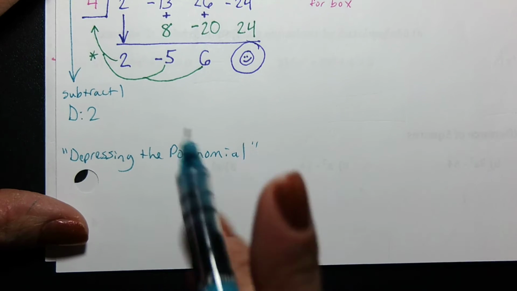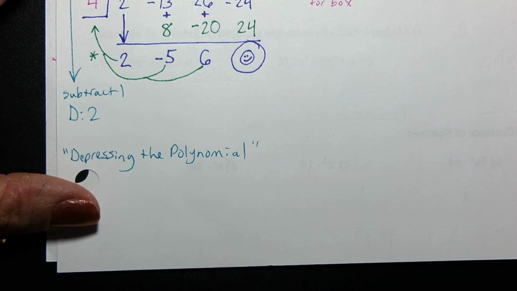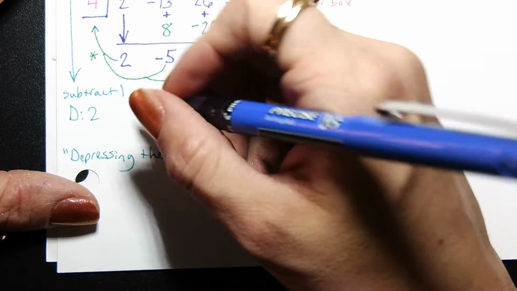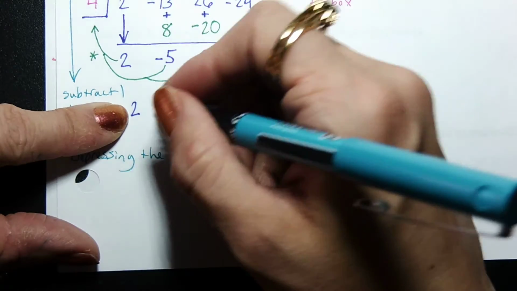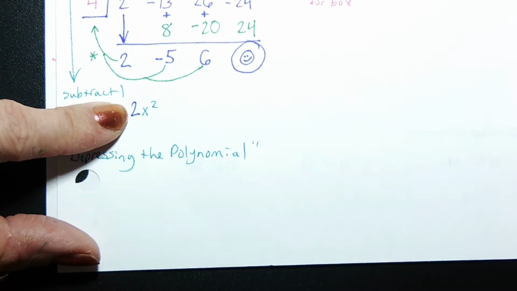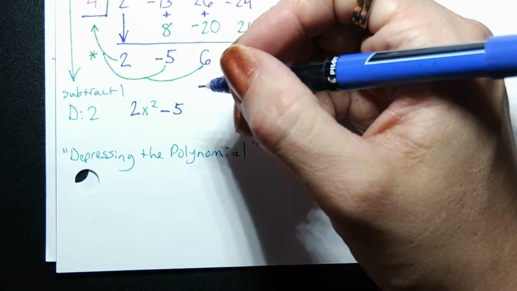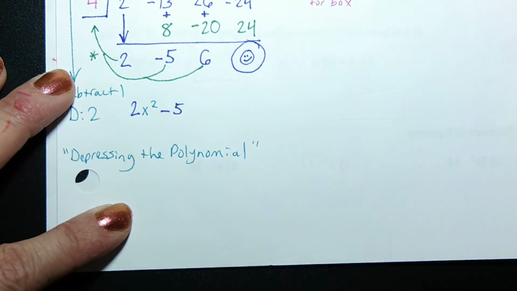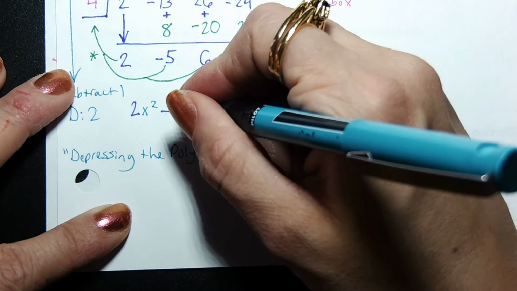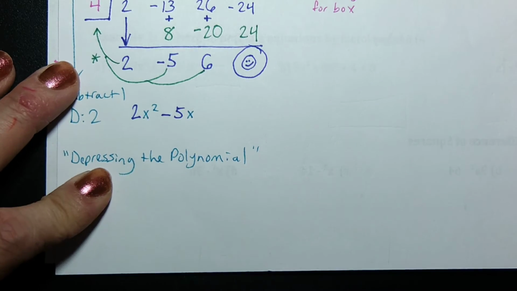So what we are going to do is take this new degree and put the variables in with these coefficients corresponding to that degree. So 2 will be my first coefficient. That's going to get x squared. Negative 5 is my next coefficient. What variable do you think that will get? 1x. So x to the first.